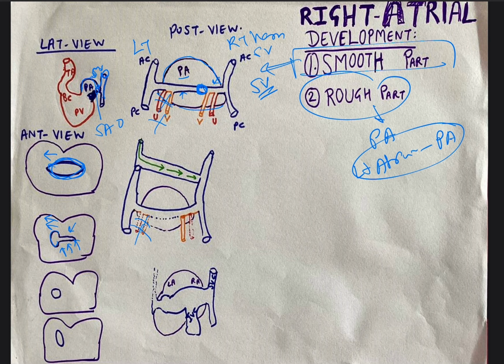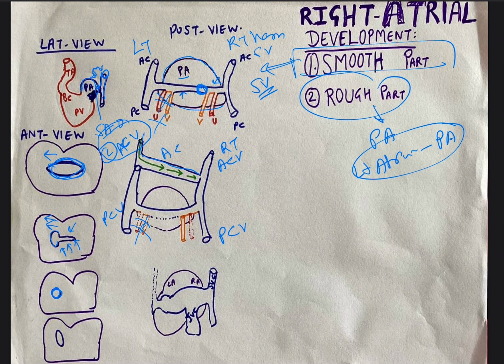and finally it comes to the right side, initially in a circular form. If you see carefully, this is the anterior communicating vein, this is the anterior cardinal vein, and this is also the anterior cardinal vein of the right side, and this is the left side. This is the posterior cardinal vein.